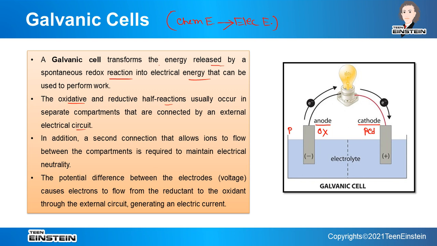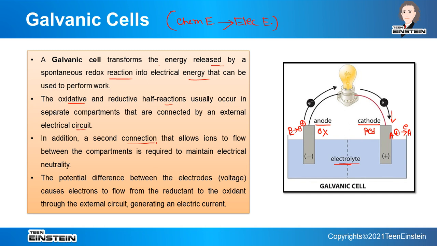Suppose here B is converted to B plus, that means an electron is left by this B. That electron will now move through the electrical circuit and go to the cathode. In the cathode, A plus will be converted to A by accepting this electron. So here reduction is going on.